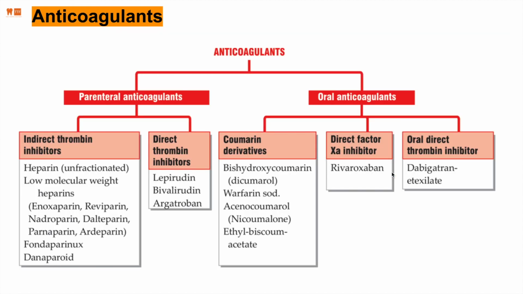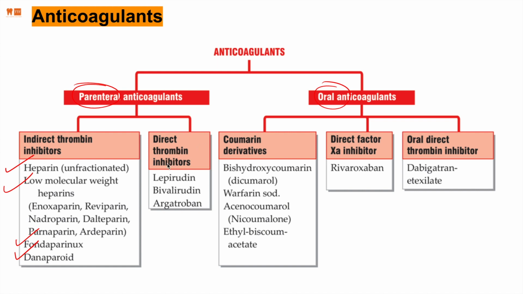Moving on to anticoagulants. Okay, anticoagulants classification is based on the mode of administration. There's parenteral and there's oral. Parenteral just means injection, where there's indirect thrombin inhibitors, which is heparin, low molecular weight heparin, and other drugs.